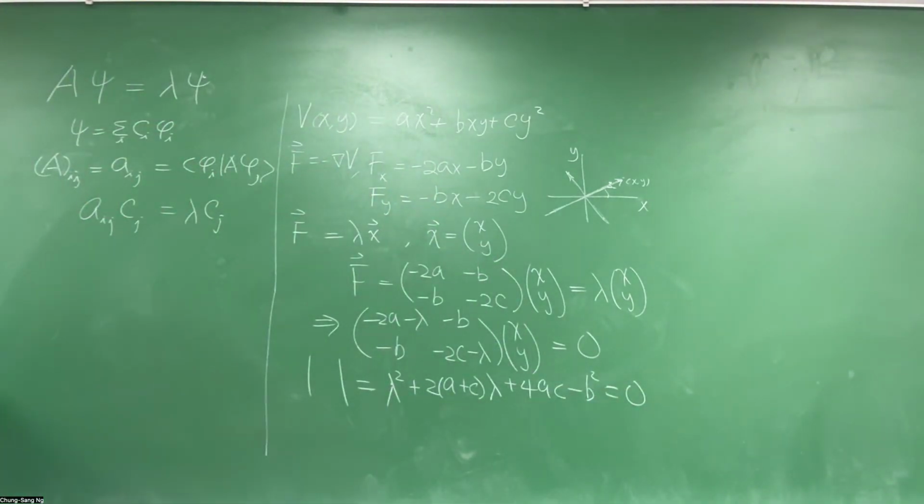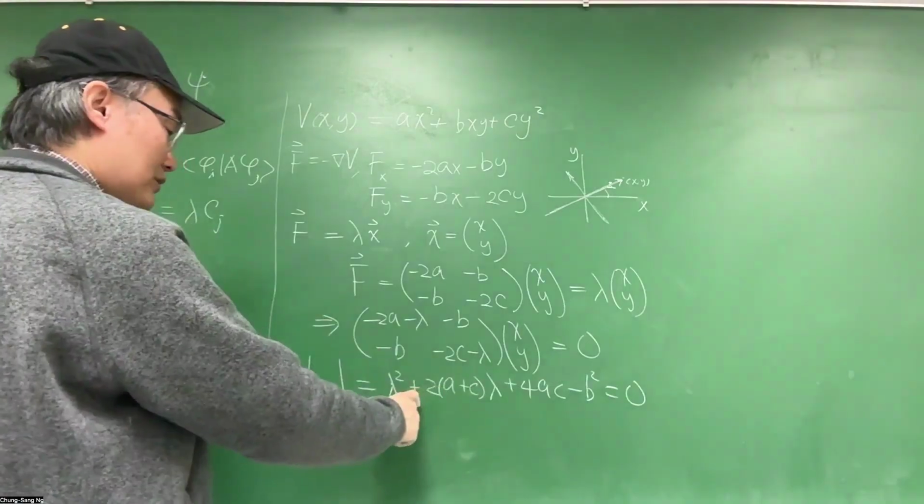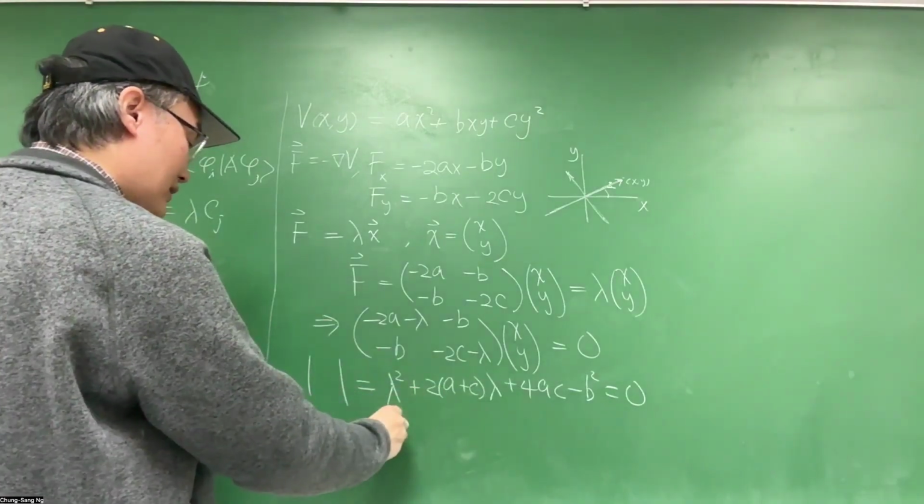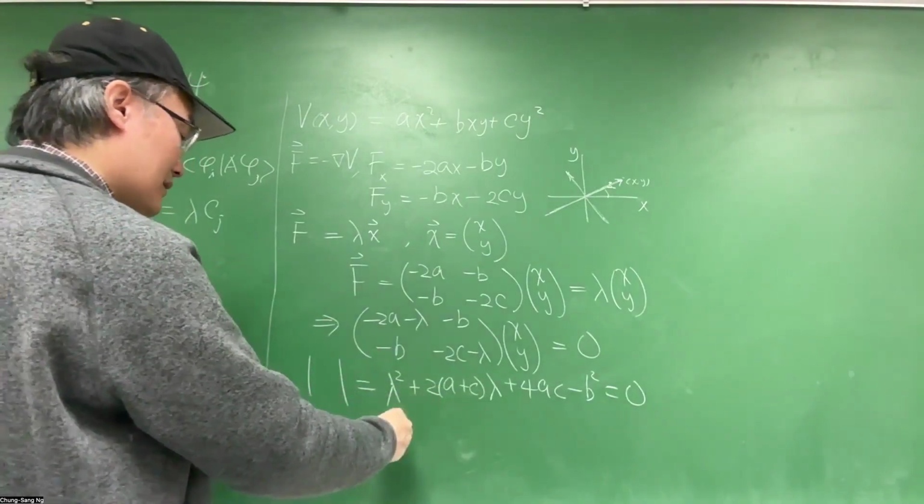Now this is a quadratic equation, and you know how to solve that. This will give you lambda 1 and 2, or lambda plus and minus.